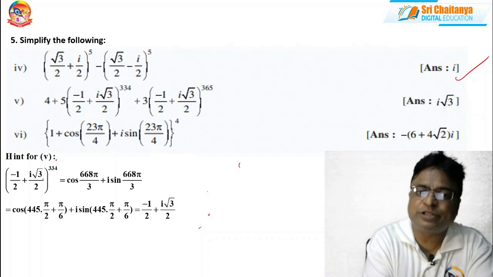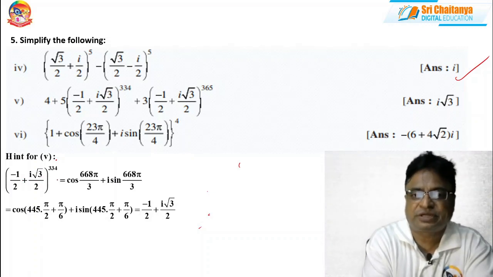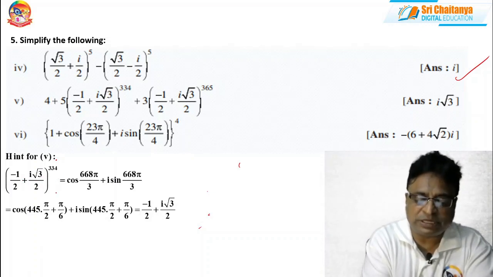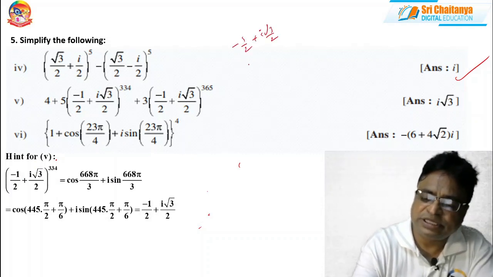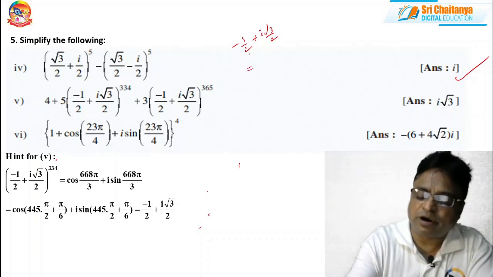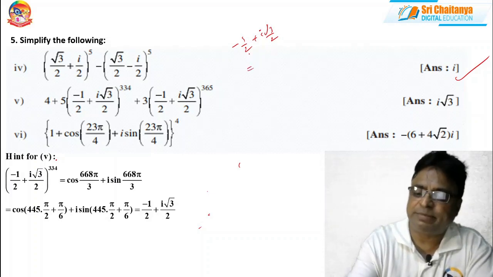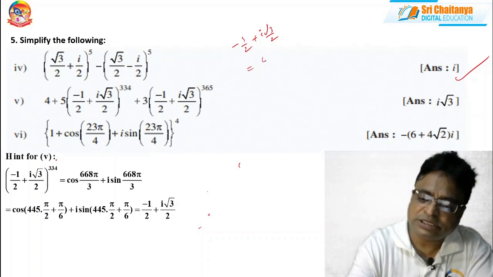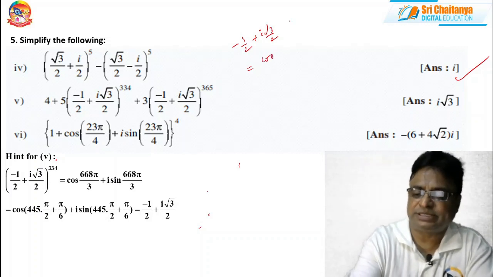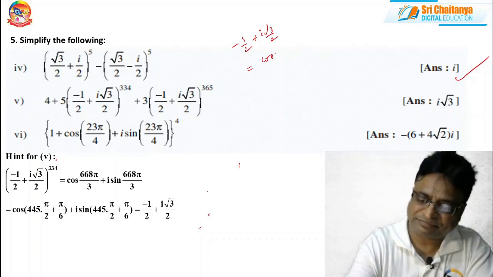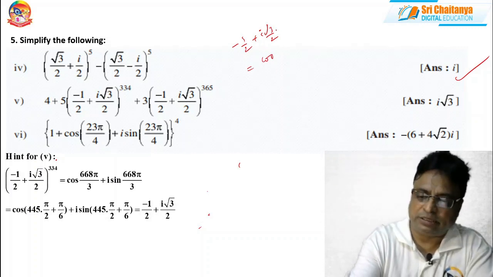(Minus 1 by 2 plus i root 3 by 2) whole power 334. This I can write as minus 1 by 2 plus i root 3 by 2. This is nothing but modulus is 1 by 4 plus 3 by 4, that is 1. Here x is negative, y is positive, which means second quadrant. Pi minus what? This is root 3.